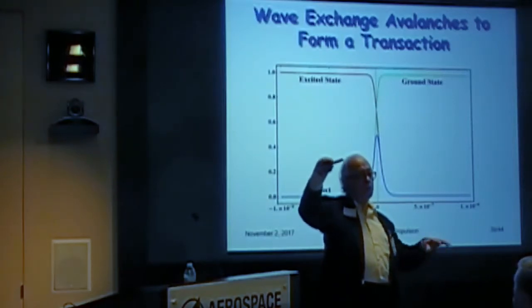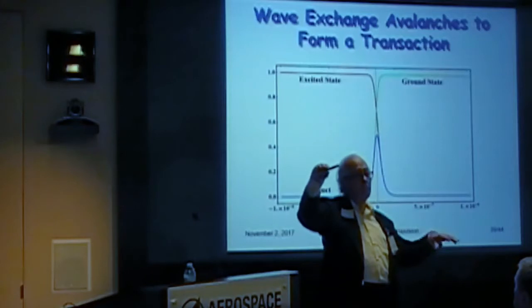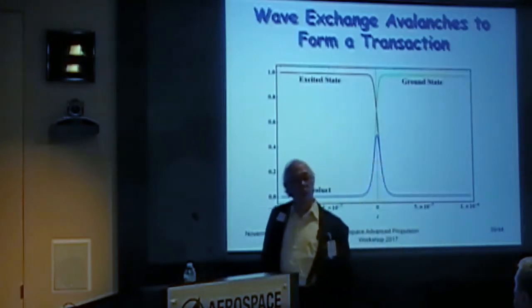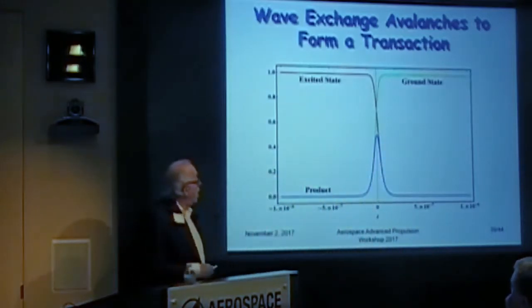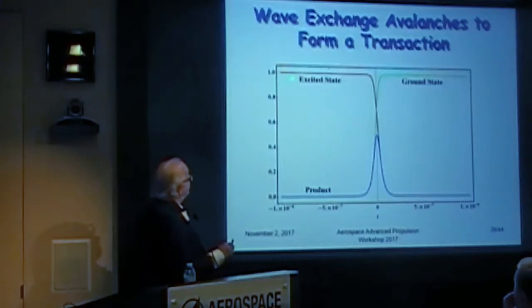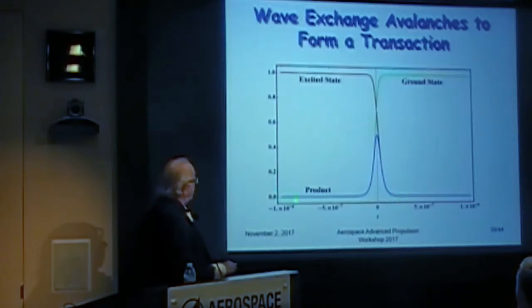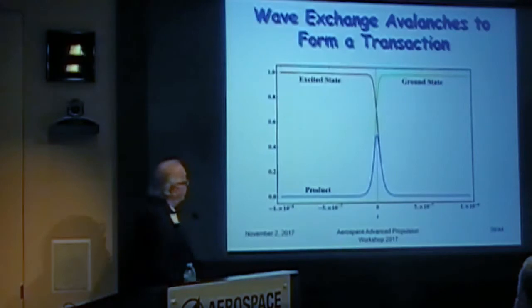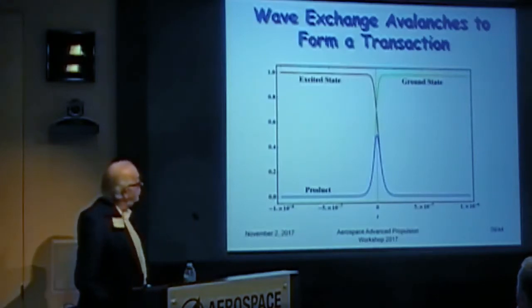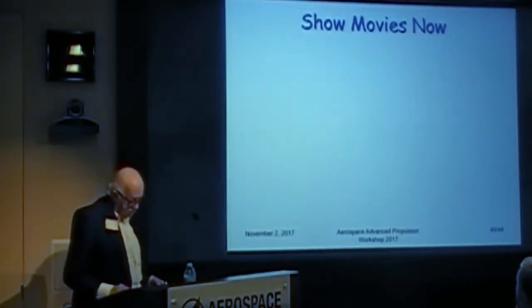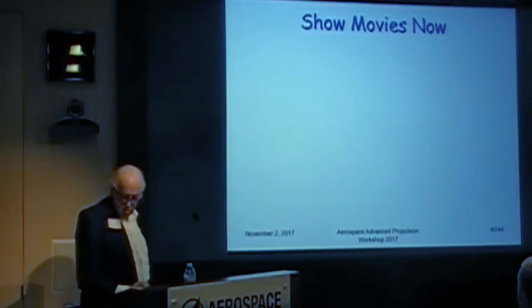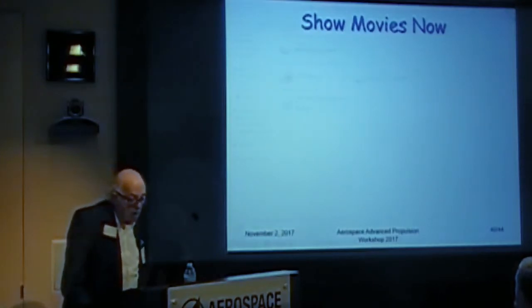And so these perturbed levels are getting bigger and bigger and bigger, and it avalanches exponentially. And so what happens is the excited state avalanches to the ground state, and the ground state and the other one avalanches this way, and so it changes situations. Now I need to show some movies, and let me see if I can make this system work.